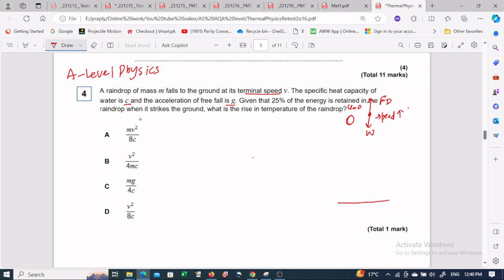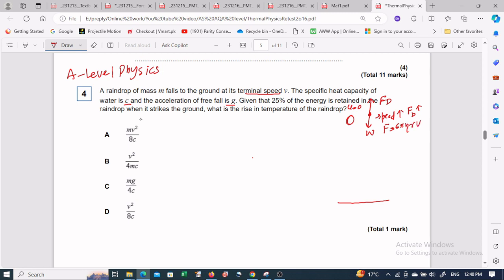As the speed of the object increases, the drag force acting on the object must also increase, because drag force is directly proportional to speed. From Stokes' law, F is equal to 6 pi eta r v, where v is the speed.